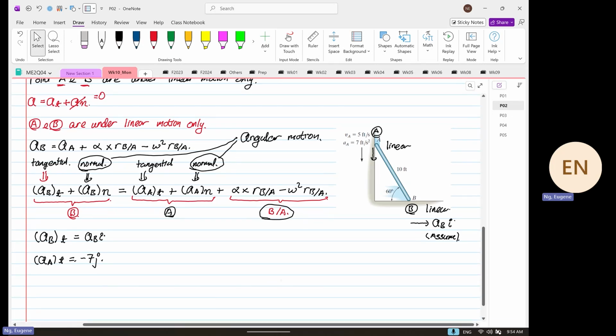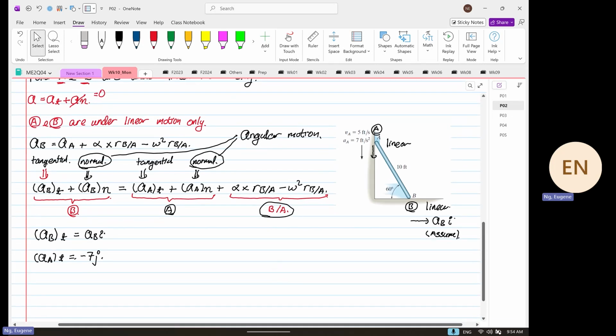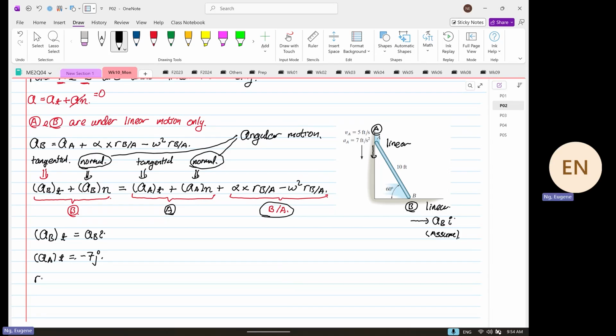Okay, then the next thing we have to find is omega, or R_B from point A. This is straightforward. Reference point is point A, and B is what we want to know.